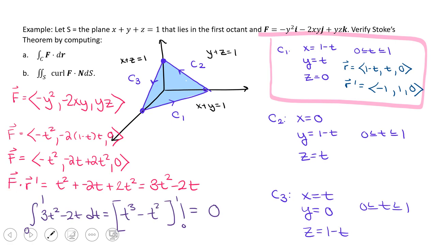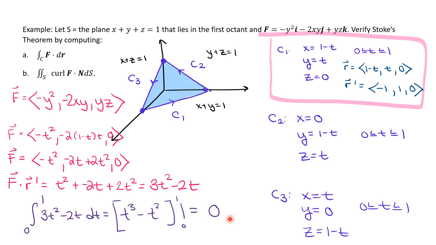And then finally, I am going to integrate the 3t squared minus 2t from 0 to 1. The antiderivative was t to the third minus t squared. I plugged in the 1, I plugged in the 0, and this just ended up being equal to 0.